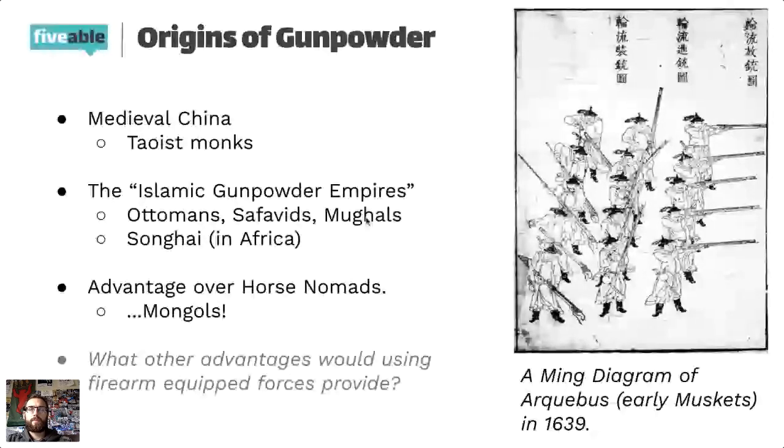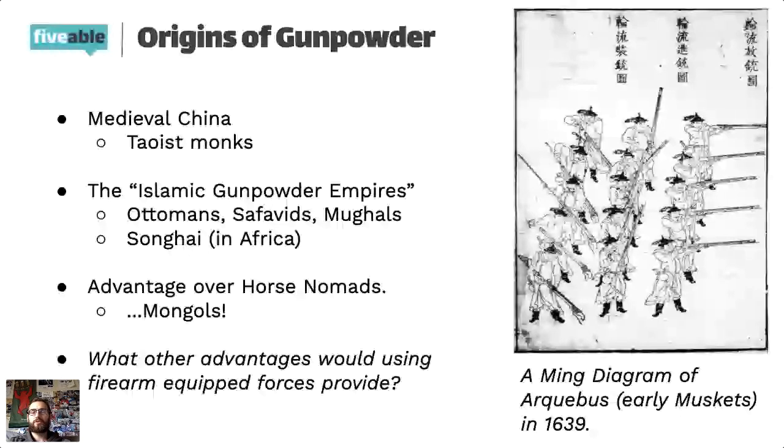And so my question for you guys is, since we've talked a little bit about the advantages of guns, what other advantages would firearms bestow upon ruling elites or empires? So in addition to being able to have a strong military, why else would rulers be interested in equipping their soldiers with firearms, right? What's the motivation, if you will?